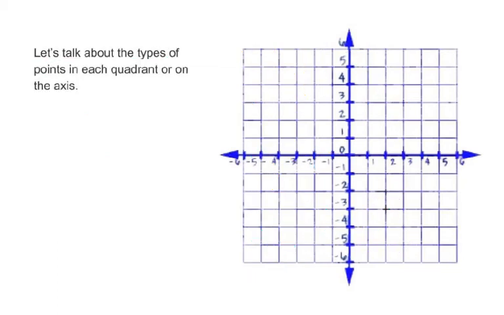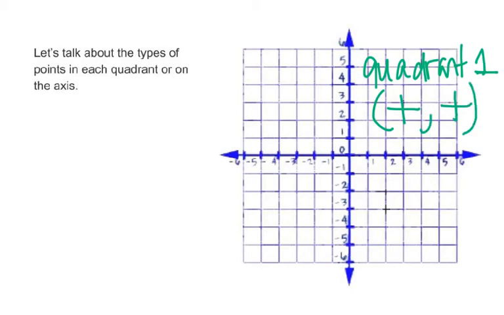So let's talk about the types of points that are in each quadrant or on the axis. Let's talk about quadrant 1. When we are looking for points in quadrant 1, both the x and the y will be positive numbers.